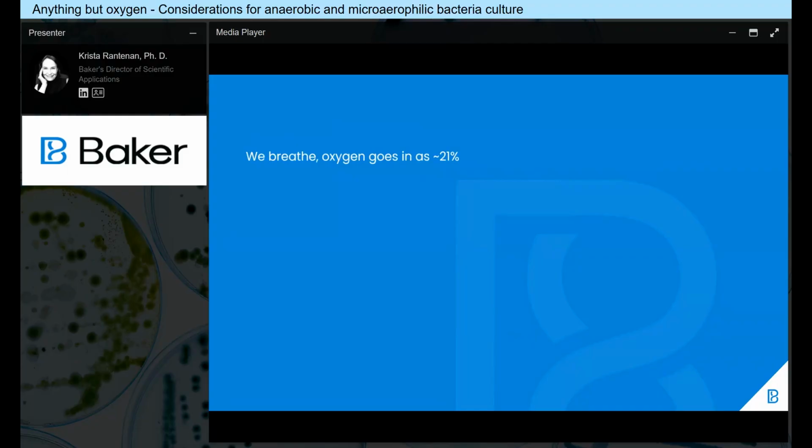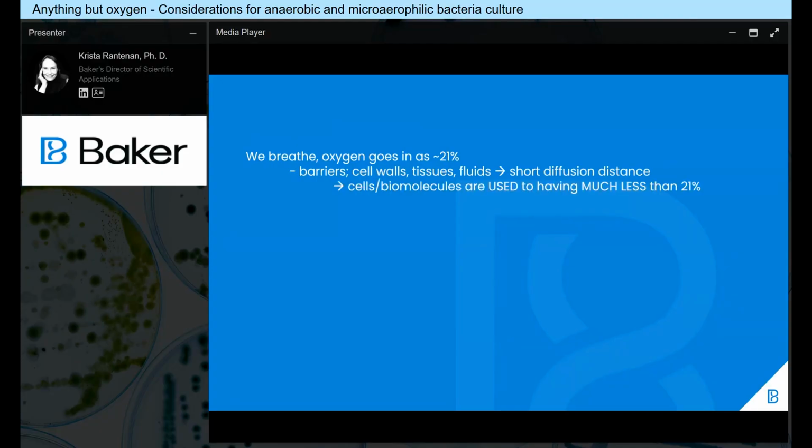So taking that together, when we breathe, the oxygen goes in, surprise, surprise, and it's, say, 21%. But then it faces barriers. There are cell walls and tissues and what have you, and oxygen doesn't really diffuse that far.